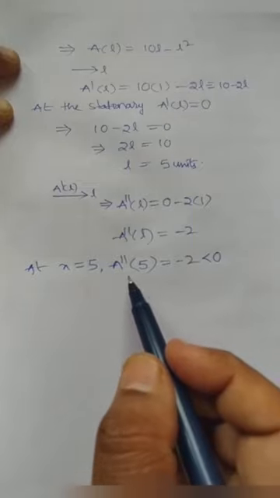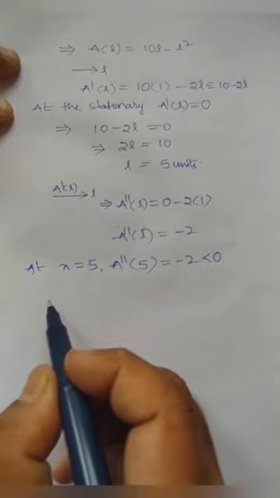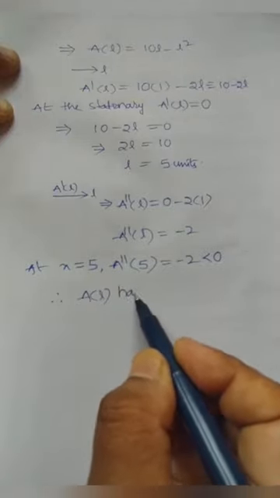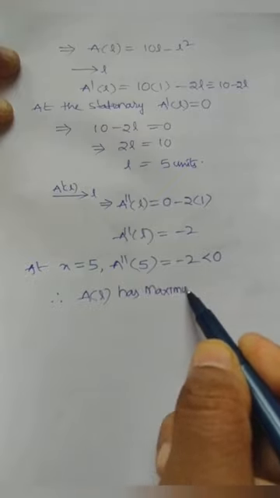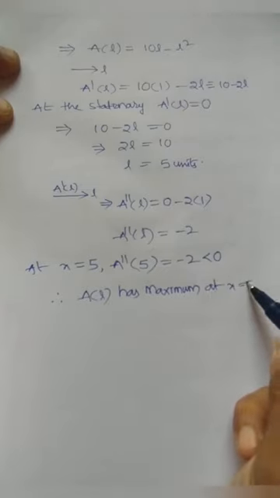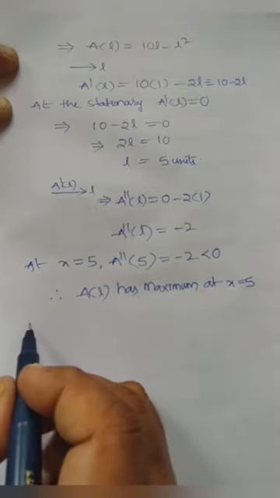Whenever the second derivative of the given function is less than 0, the function attains its maximum. Therefore A of L has a maximum at L equals 5. That is what he had given in the problem. What is A of L? The area of the rectangle.